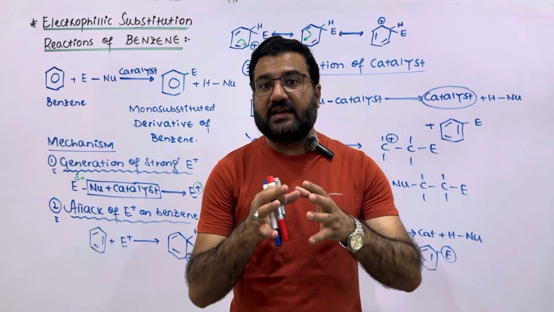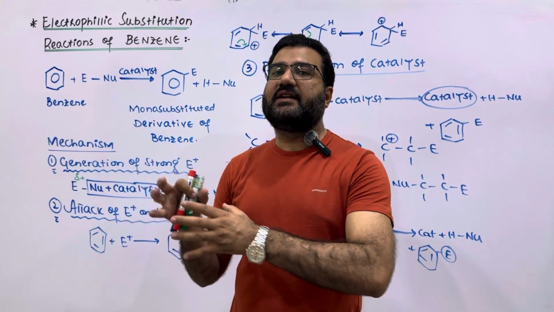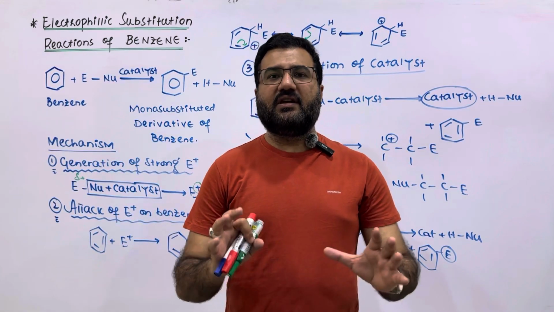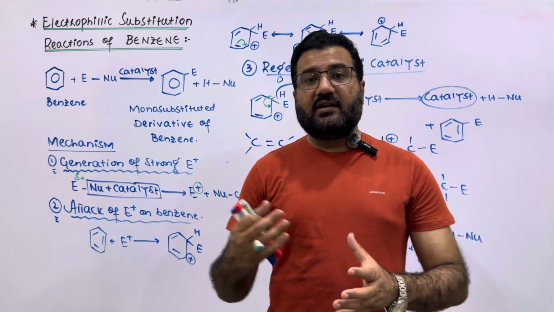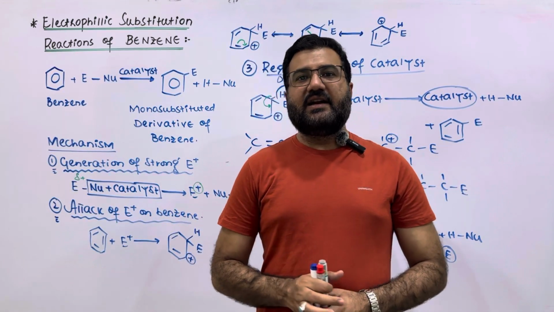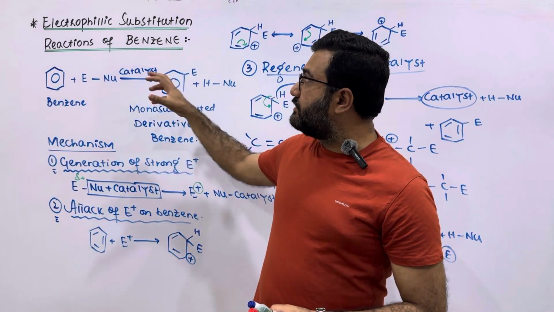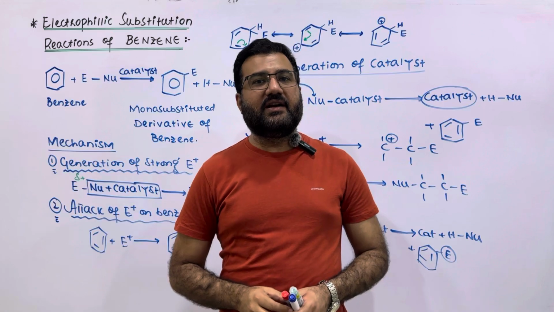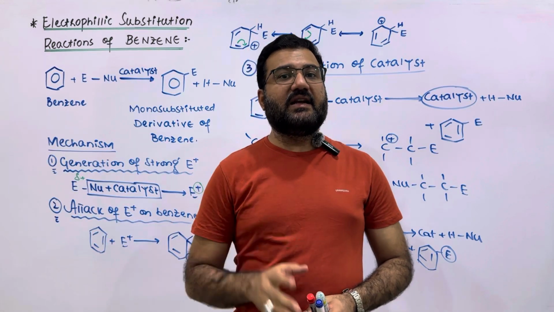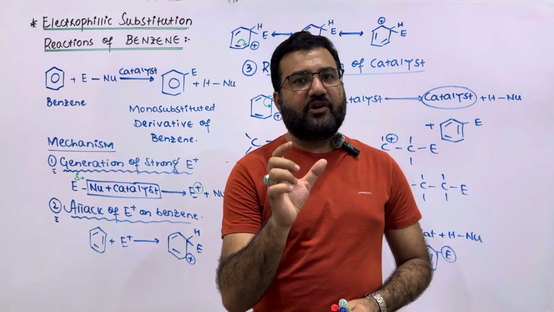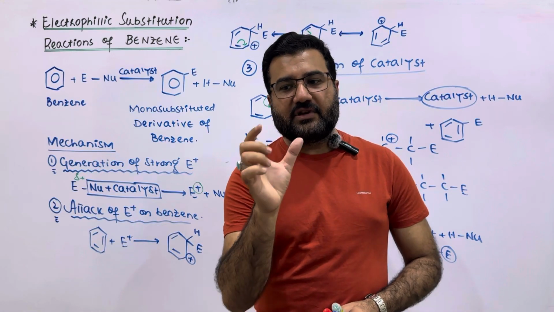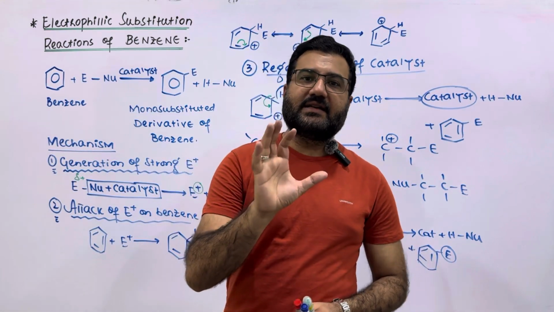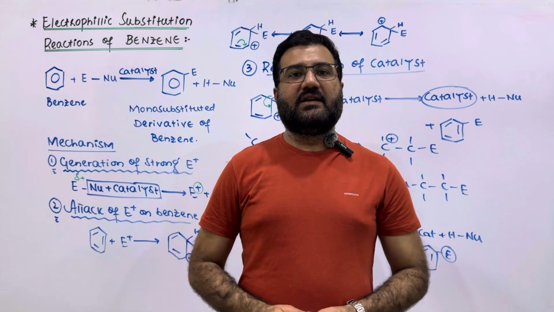So benzene loves its aromaticity, therefore benzene will never like to lose its aromaticity. That is why the benzene loves to show electrophilic substitution reaction rather than electrophilic addition reaction, even though it is highly unsaturated. The key point is the aromaticity of the benzene should remain intact, as benzene loves its aromaticity.